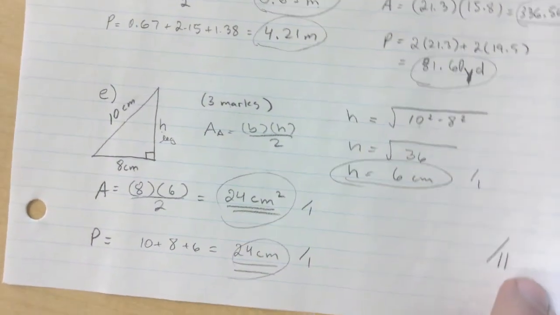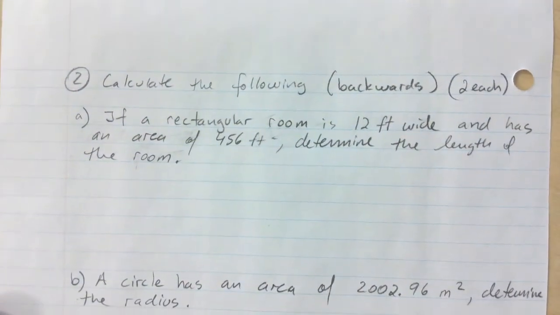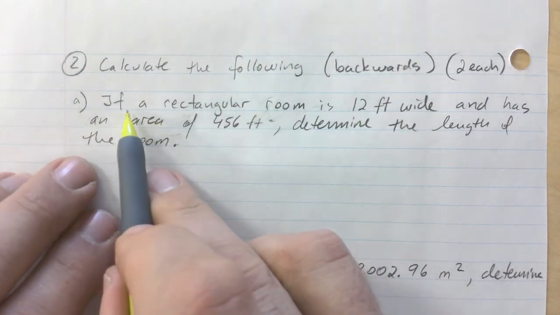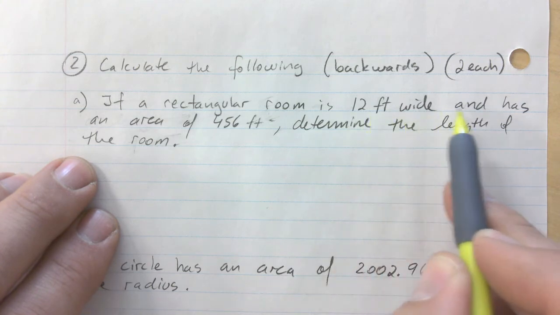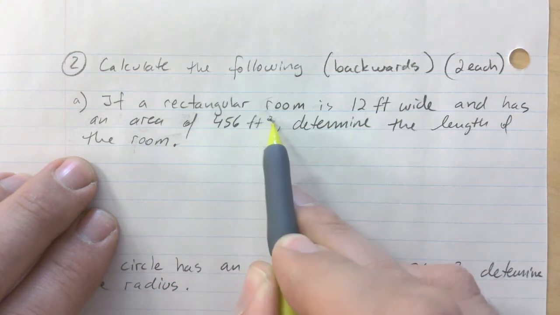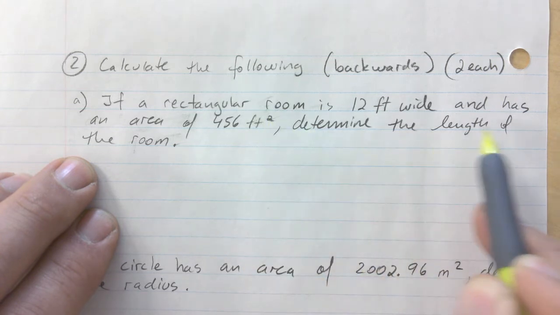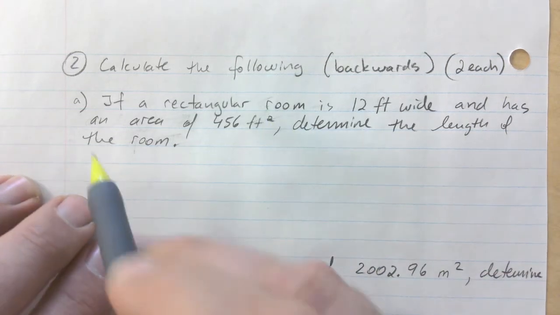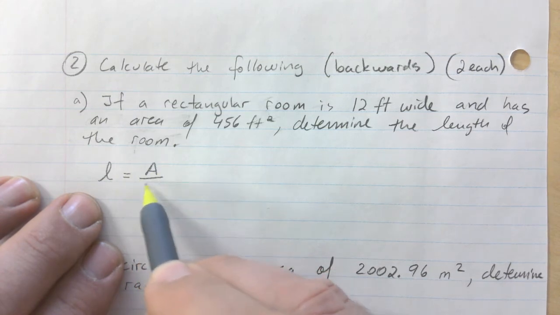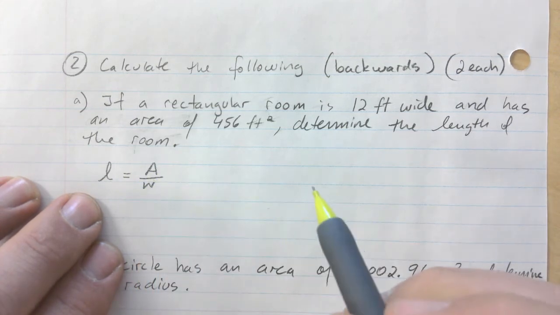All right. Next page, working backwards. Right. So if a rectangular room is 12 feet wide and has an area of that, sorry, that's supposed to say square feet, determine the length of the room. So if you want the length, you need to take the area and divide it by the width.